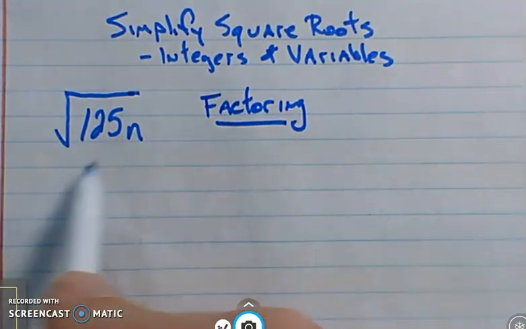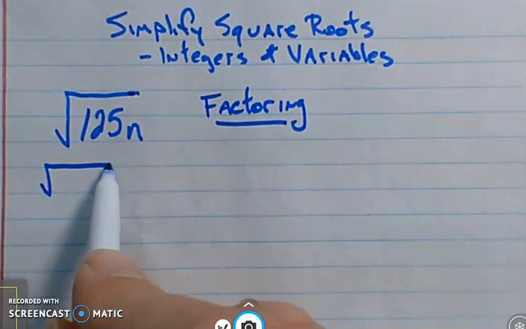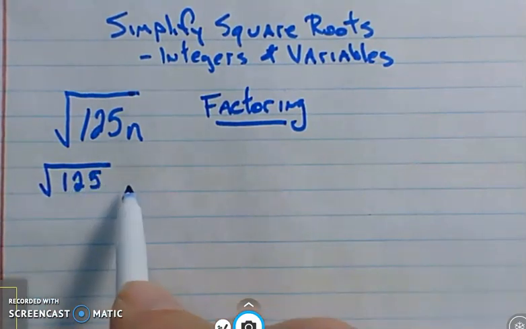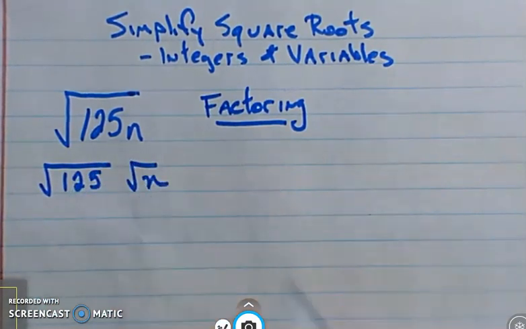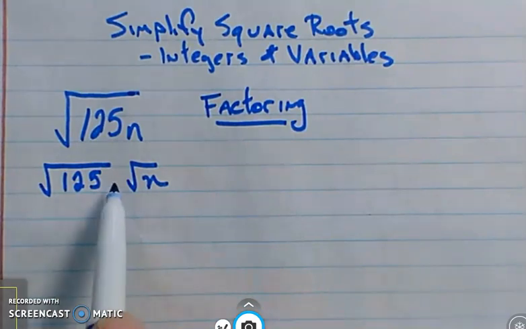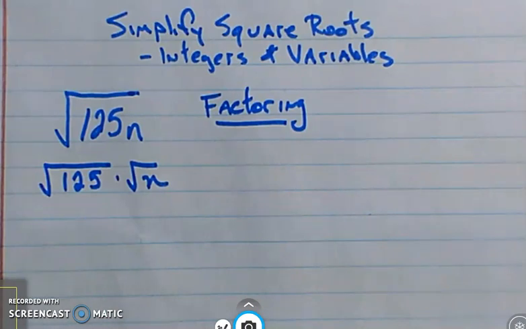So what I really want to do is, like we did the other day, break that up into two different radicals, two different square roots being multiplied times each other, and then I can just treat them separately. I'm simply going to treat the square root of 125 as my integers the other day, and the square root of n as my variable.